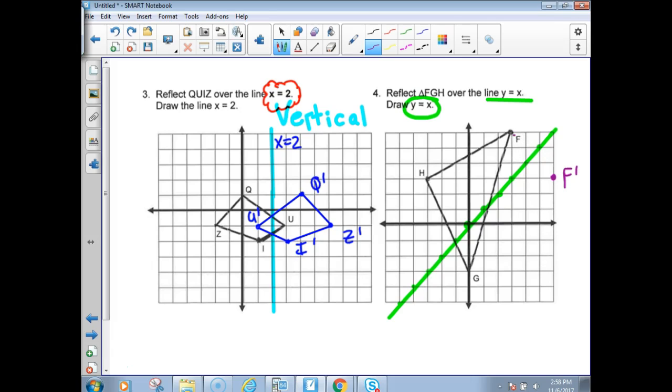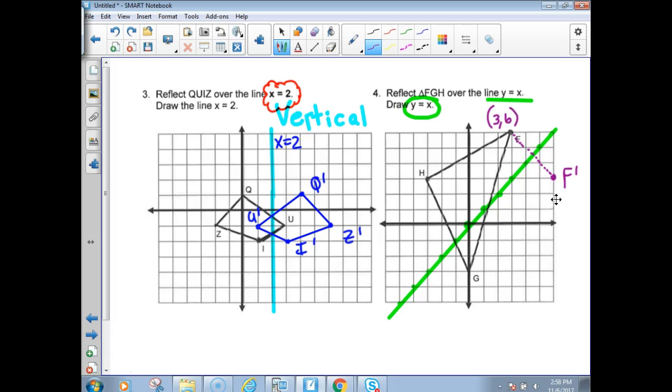I went like this. I counted how far that was, and that was one diagonal and a half. So I went half and another one diagonal. Okay? Now, I'm going to give you a rule, too, because you're going to have the rule written down. So if that point F is at the location 3, 1, 2, 3, 4, 5, 6, it's at (3, 6).